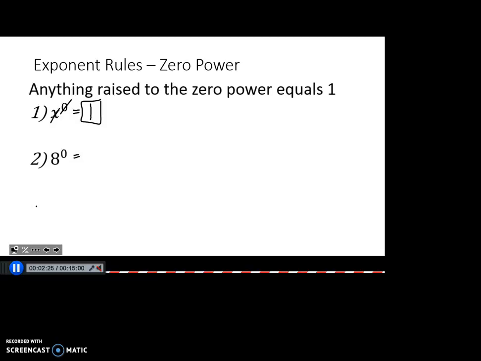So 8 to the 0 power, the base and the exponent will both go away and it equals 1. One more, h to the 0 power, the base and the exponent go away, and the whole answer becomes 1. If at any point you need to stop it or rewind it in order to write everything down, go ahead and do so. Let's look at some that are a little more complicated.